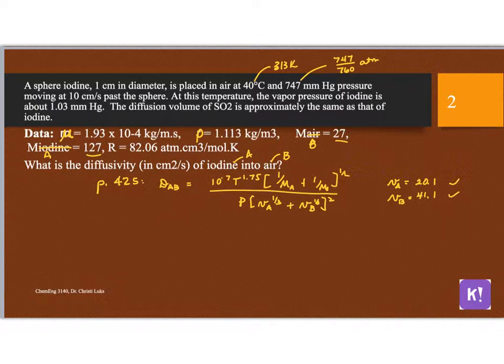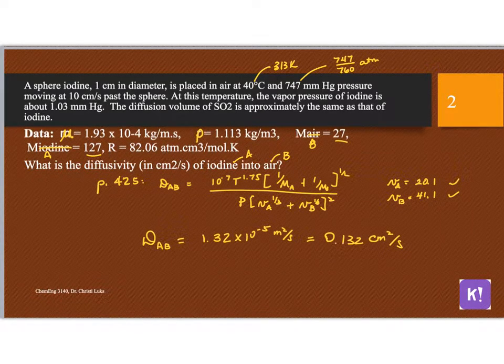If I plug those values in, I found the diffusivity of iodine into air is approximately 1.32 times 10 to the minus 5th meters squared per second, or 0.132 centimeters squared per second.